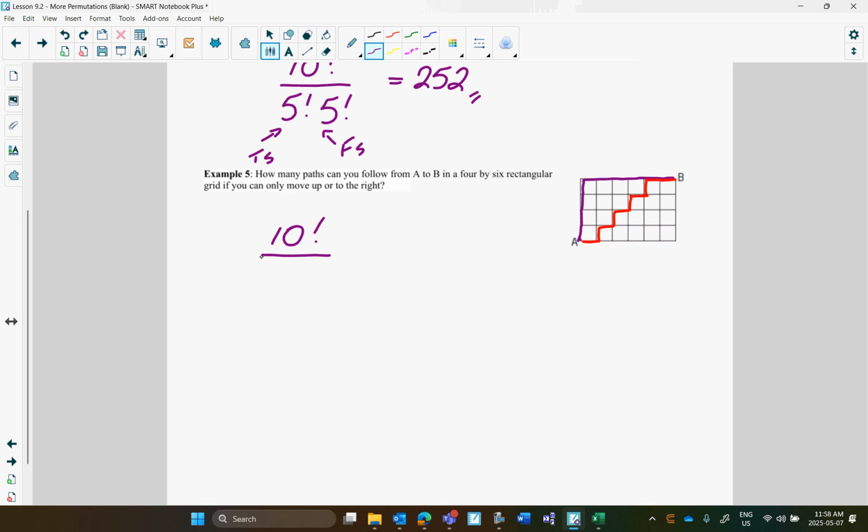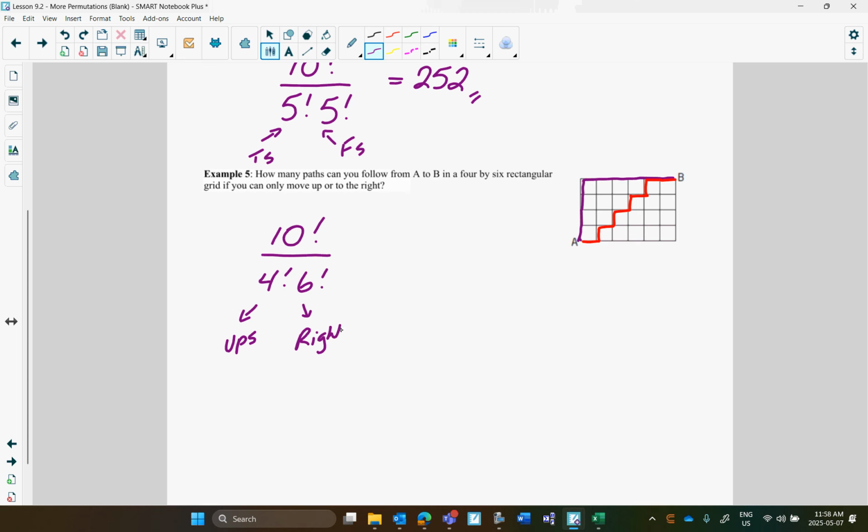Not quite. You got it reversed. What's the maximum up I can go? I can only go 4 up maximum. There can only be 4 U's. And there can be a maximum of 6 R's. So that's how you would do it. So these are the ups, and these are the rights.